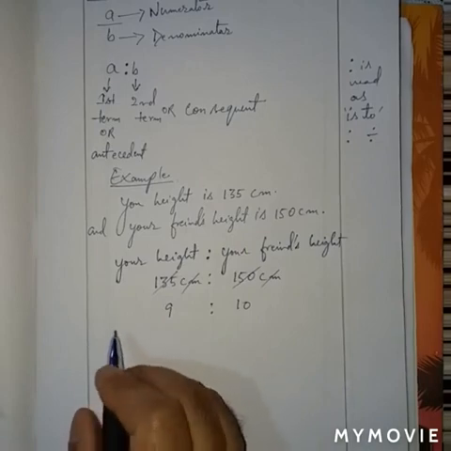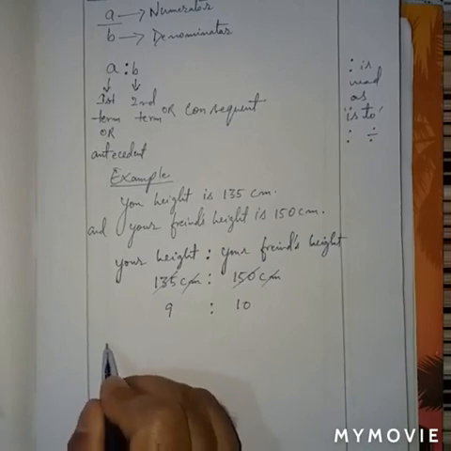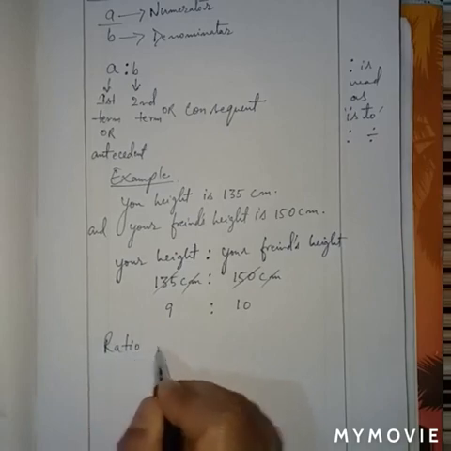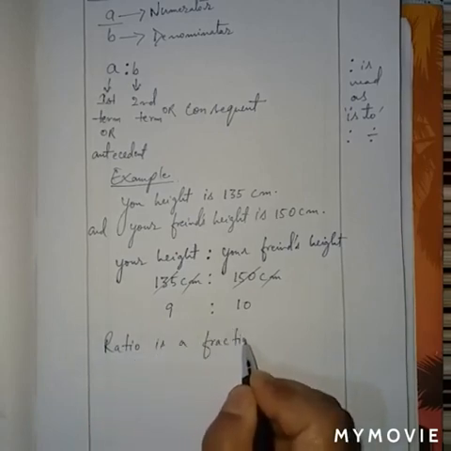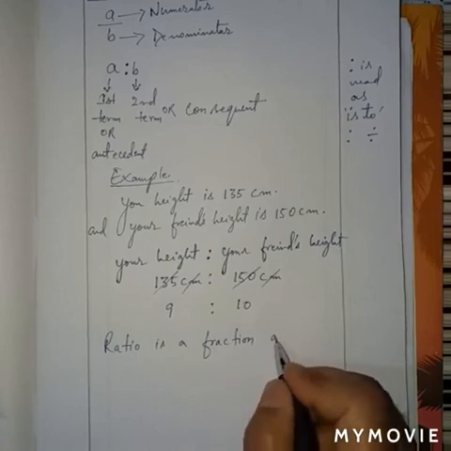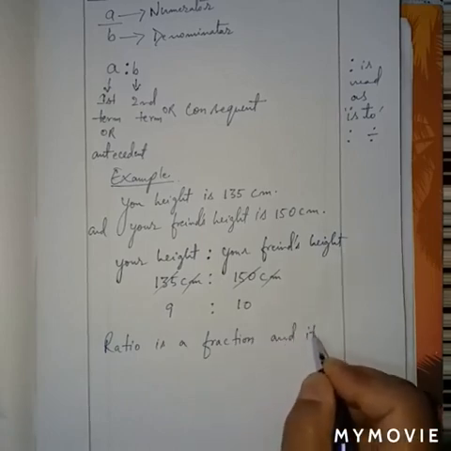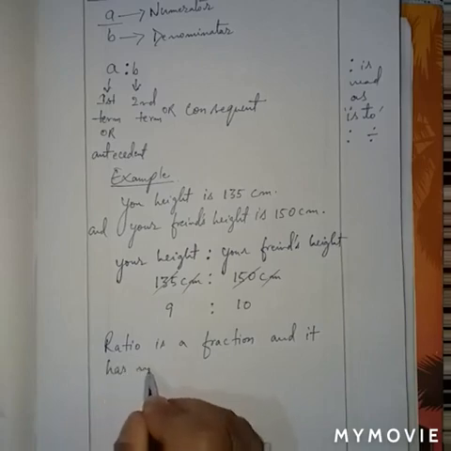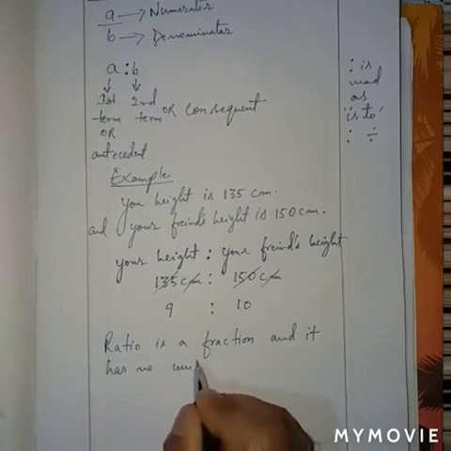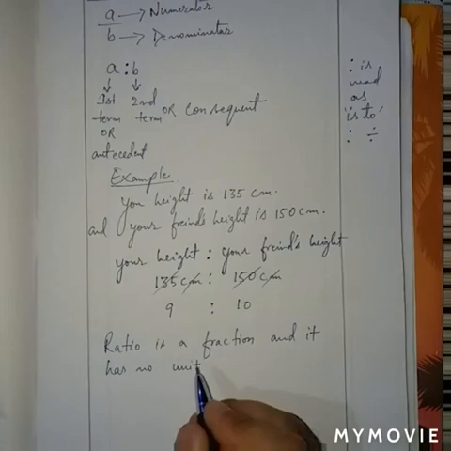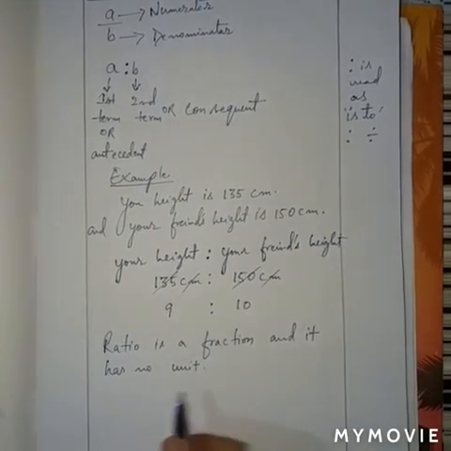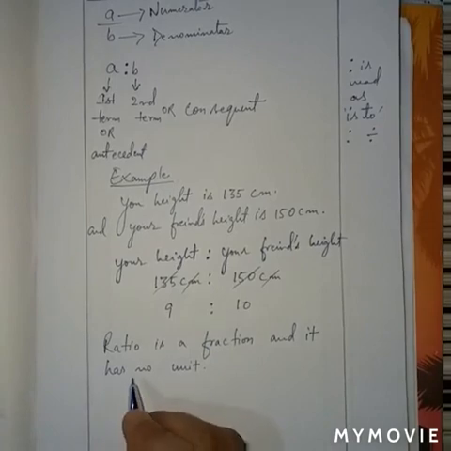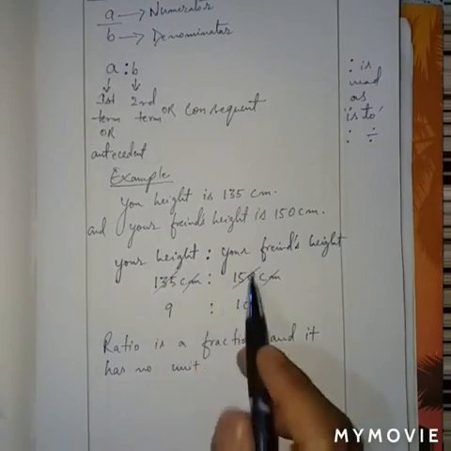Therefore we can write: the ratio is a fraction and it has no unit. So we find the ratio of two quantities of the same kind, like here we are talking about height.